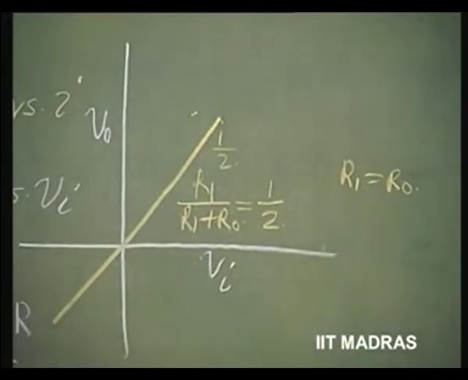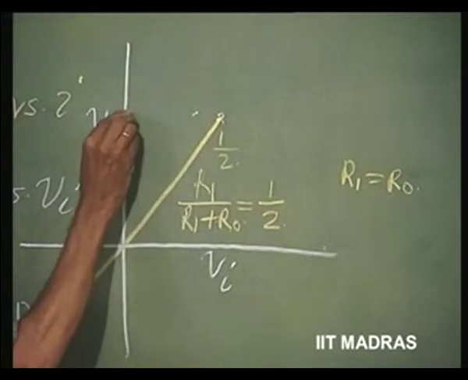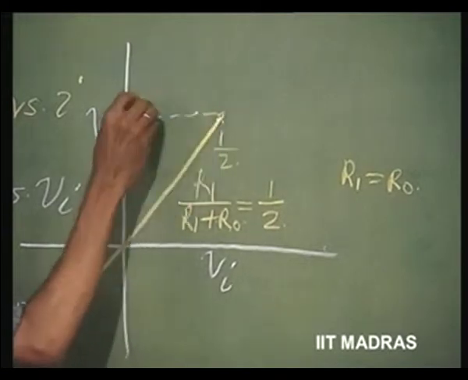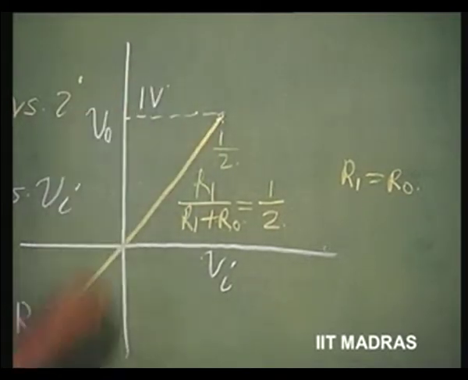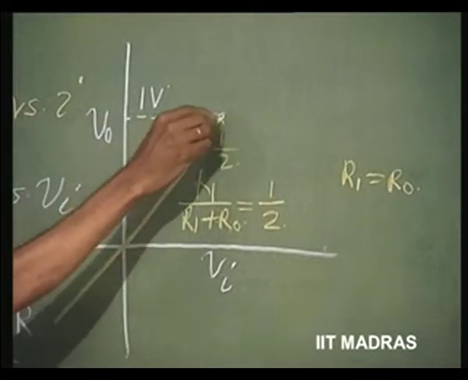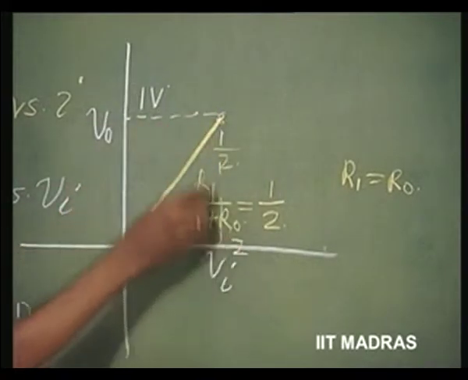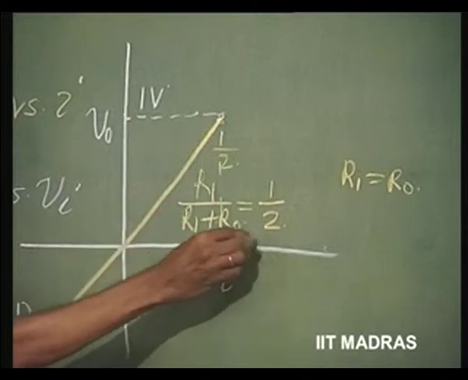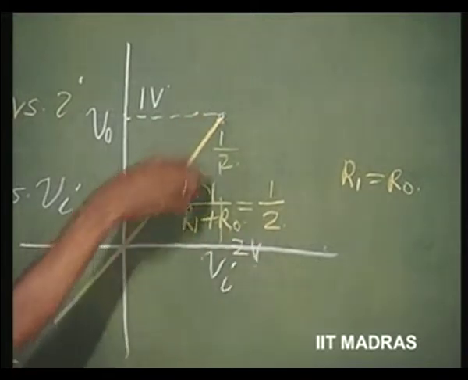I would like to change this when the output voltage reaches, let us say, 1 volt. When this is 1 volt, this should have been 2 volts, so that the slope here is 1 divided by 2 volts. So, half.